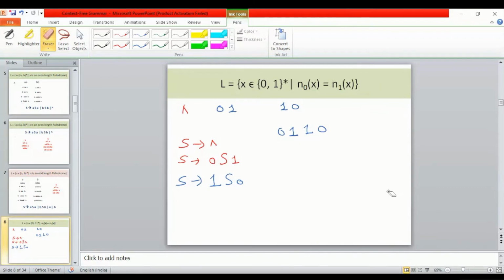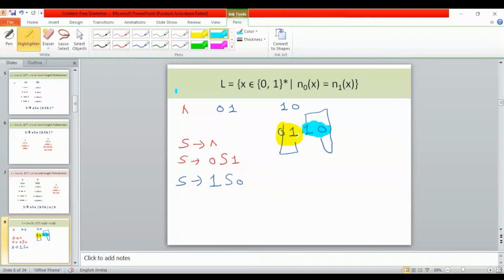So now if I try to match this 0 with 1 and 1 with this 0, then you can see that we have two rules, 01 and another rule 10. But here what we require is a concatenation of these two rules. We require concatenation of these two rules to achieve the goal.